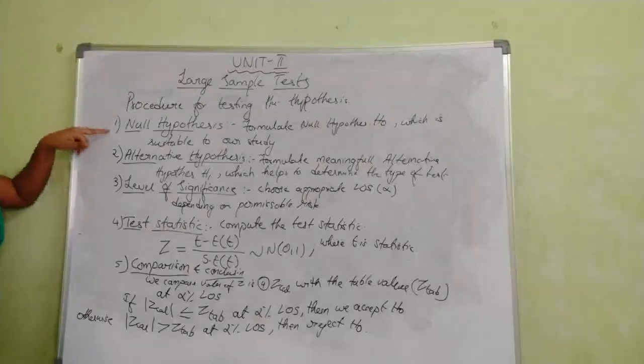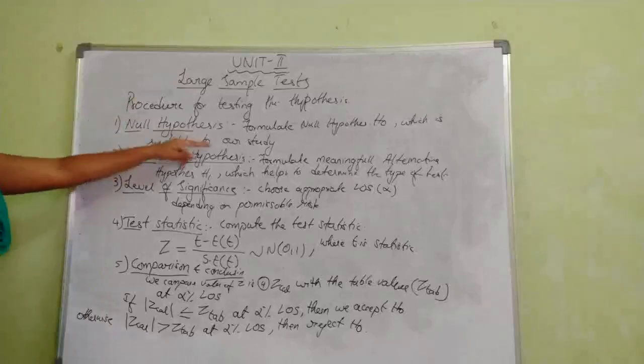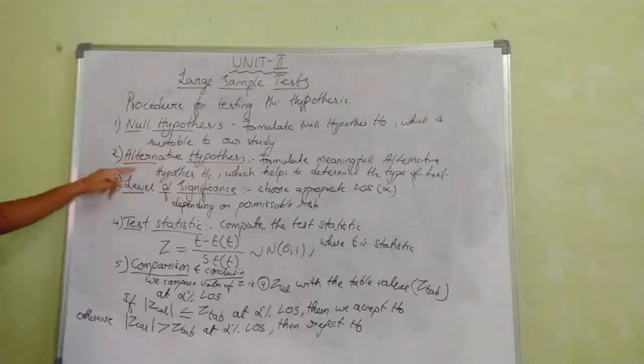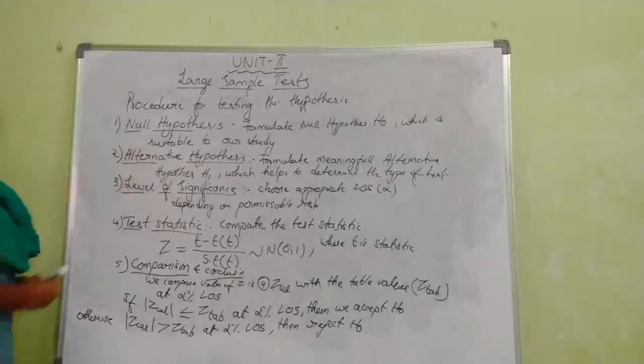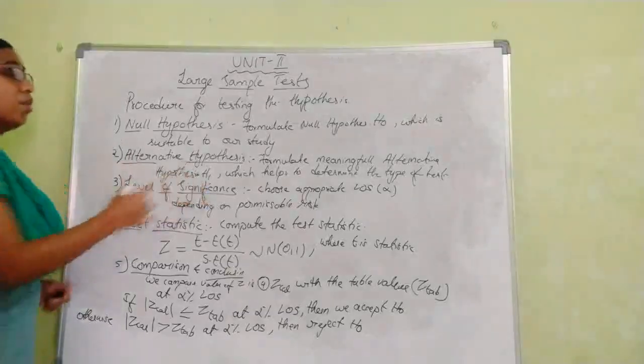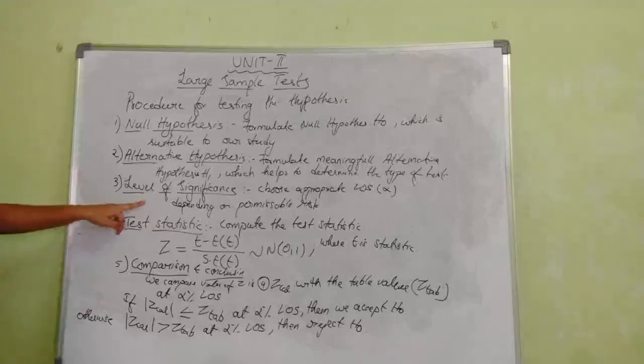So these are the five steps involved in the testing of significance for the large sample test. What is the first step? We have to predefine our null hypothesis, which is suitable to the problem under our study. Next, the alternative hypothesis, which is alternate to the null hypothesis, helps us to determine whether it is a one-tail test or a two-tail test. Next, level of significance.